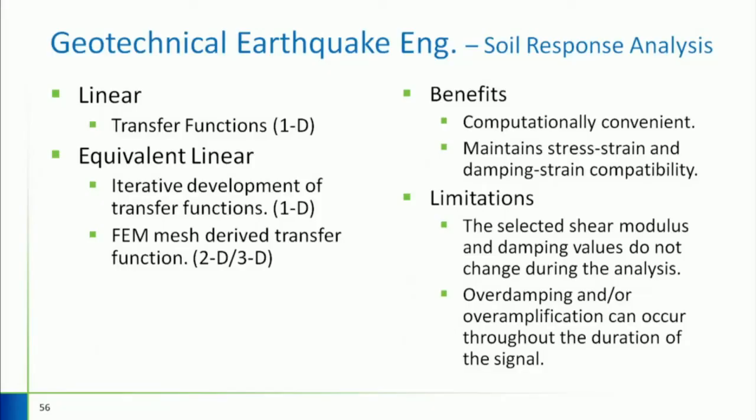It's an equivalent linear, and that's where you have to match the strain and the shear modulus that you use. So you'll pick a shear modulus, run through the analysis, figure out what strain it gave you, see if that's compatible with what you selected. If not, you do it again with a new shear modulus until the shear modulus you selected is compatible with the strain that it gives you.